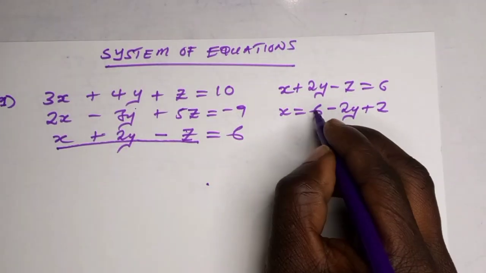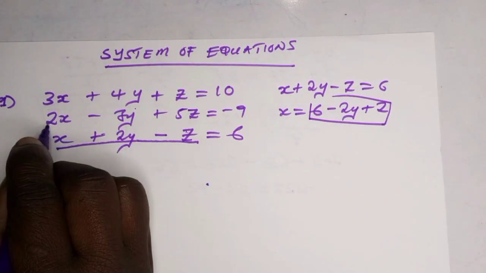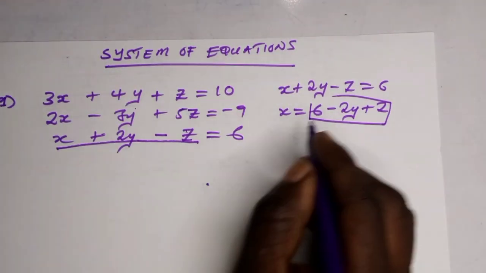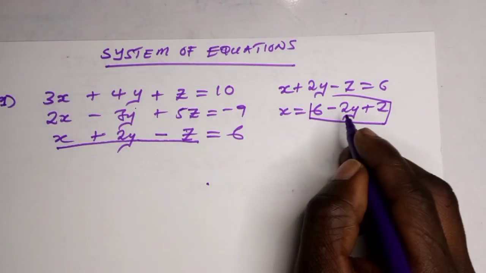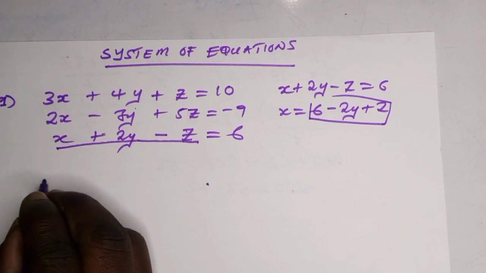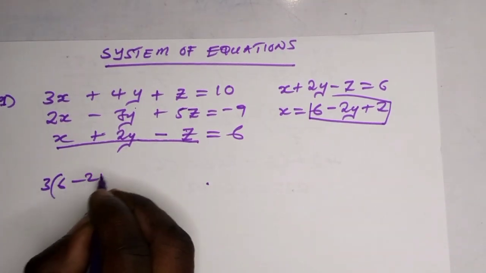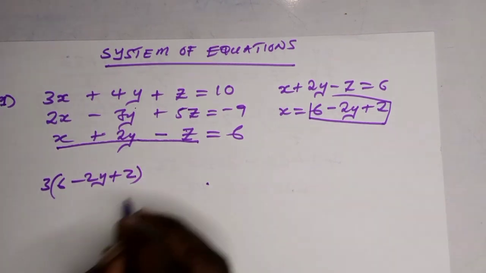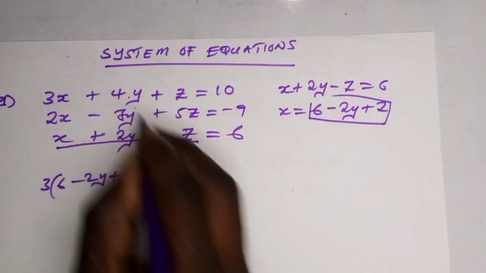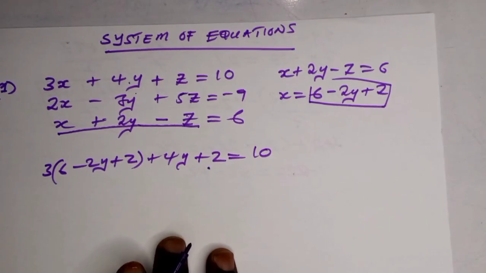So where there is x in the remaining equation, we are going to substitute 6 minus 2y plus z, which gives 3 open bracket 6 minus 2y plus z, plus 4y plus z equals 10.